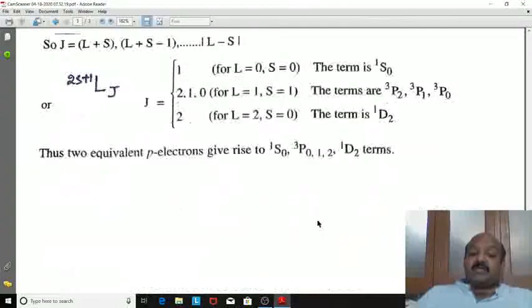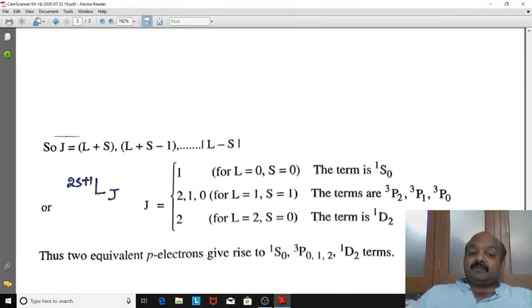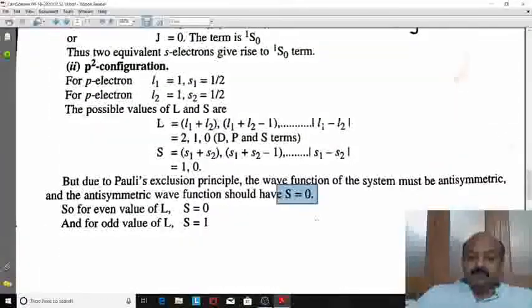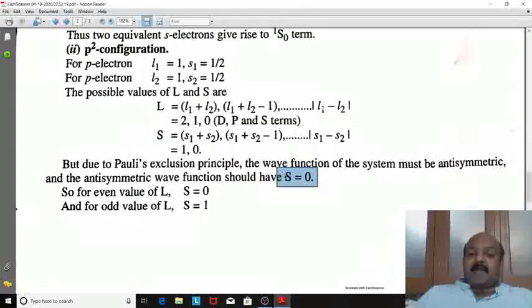Capital S will be 0 for even values of L. For S values, half plus half is 1, half minus half is 0, two allowed states.